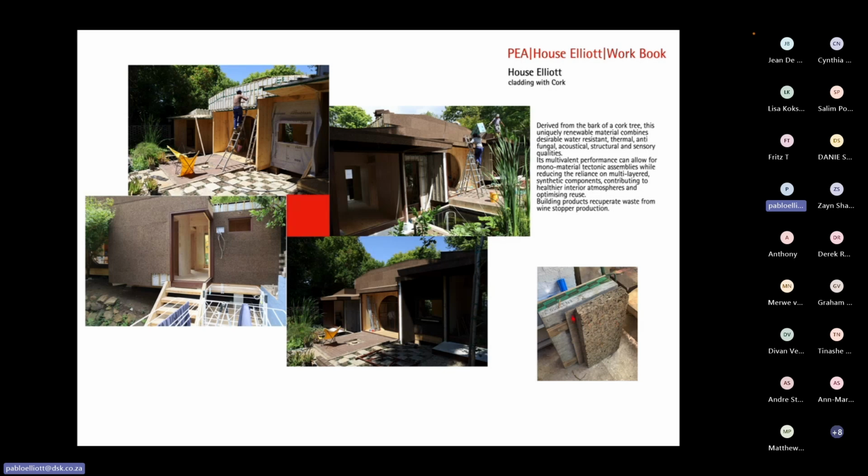So I did away with this for the walls, but not the roof, because the roof I then had to waterproof plywood and then put the cork onto that to make it waterproof. So here you can see the vapor barrier is put in, and it frames the openings, and then the windows are put in, and then the cork cladding happens, and the windows are put in with the frame around, all done by the same carpenters.